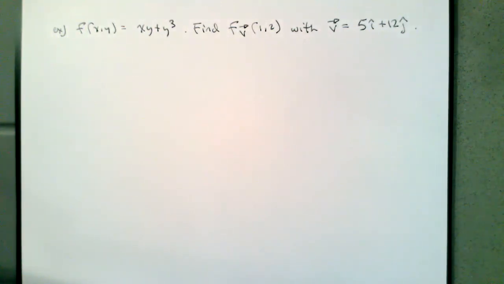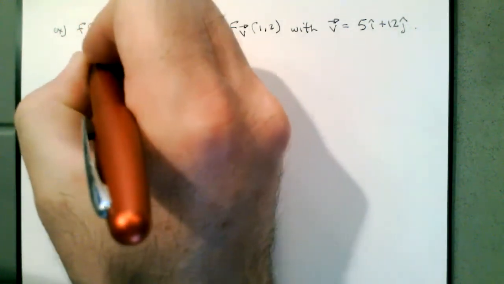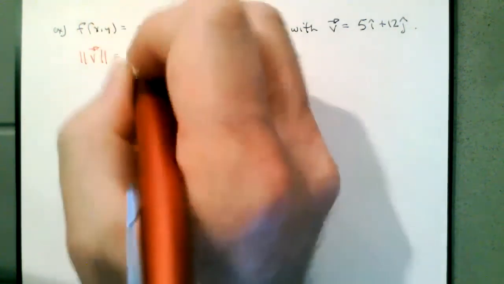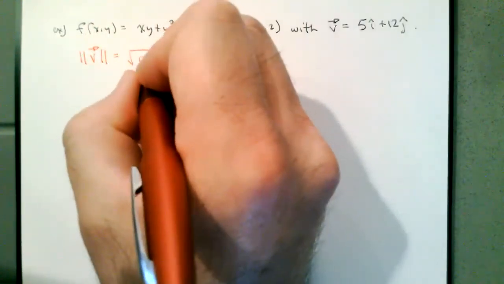What we want to notice is that v is not a unit vector. So the magnitude of v is 13.